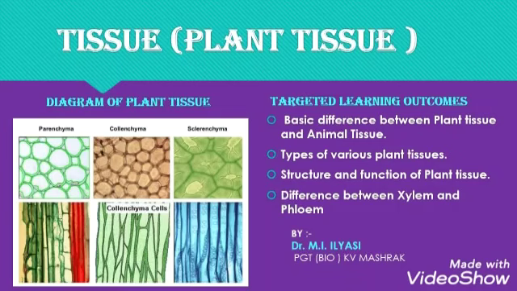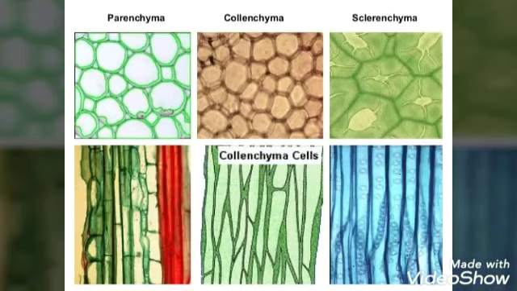Lateral meristem increases the girth of the plant. Like this, intercalary meristem occurs at the base of the leaves or at the internodes. Intercalary meristem increases the length of the internode.